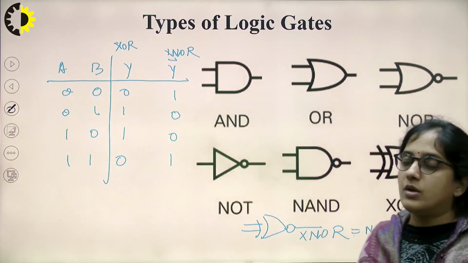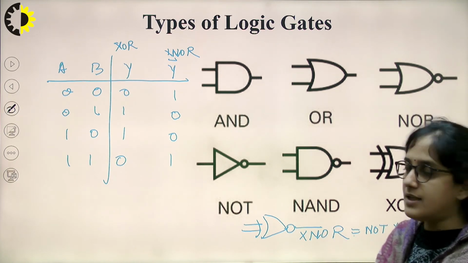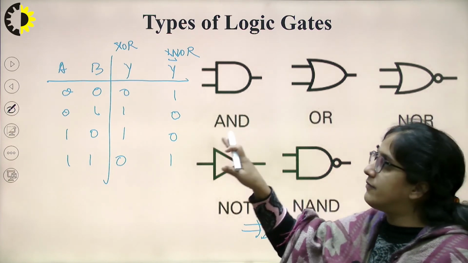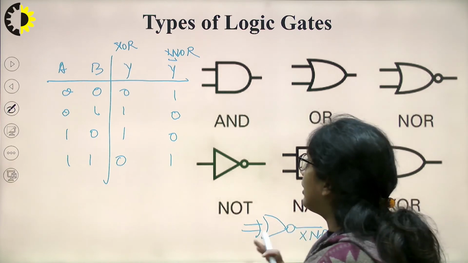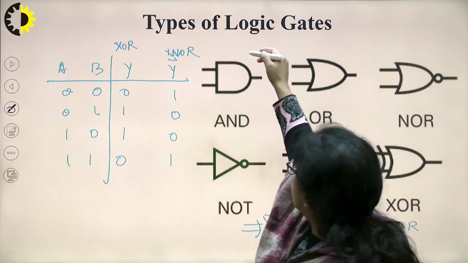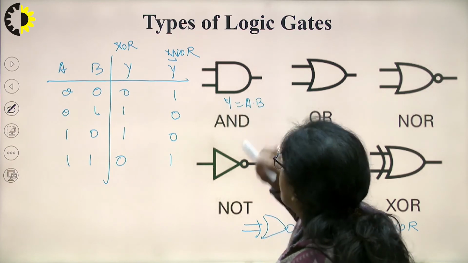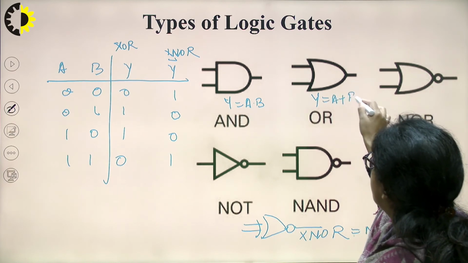So, you remember this; in this way you can relate all these gates, and these are the symbols for the gates. We have to remember the truth table as well as the equations for all the gates. I will write once again. For the AND operation, y is a dot b, that is the dot product. For ORing it will be a plus b.